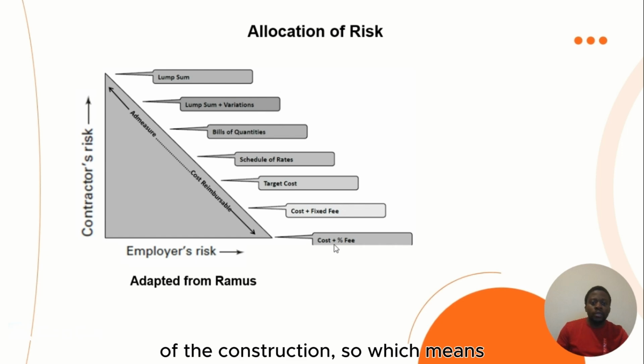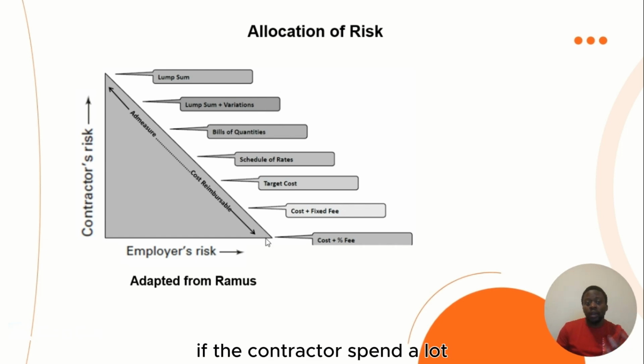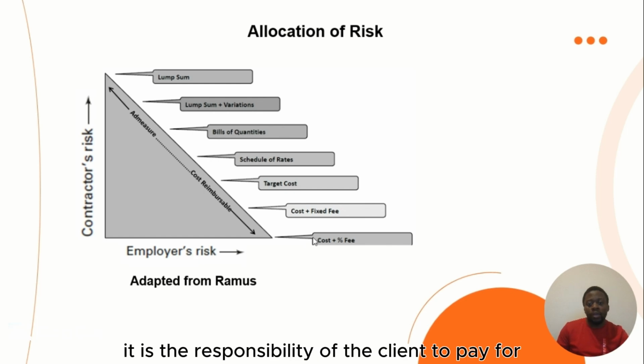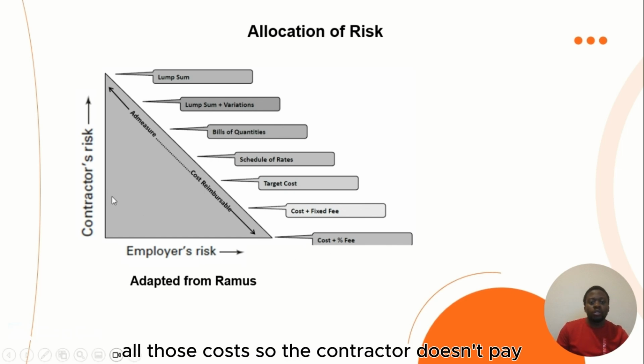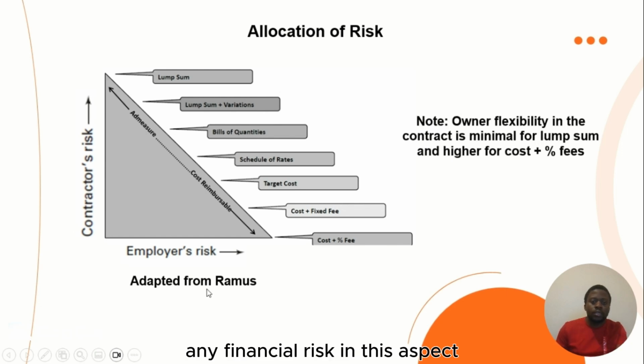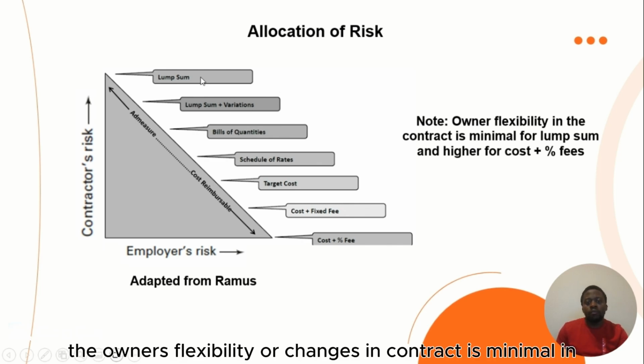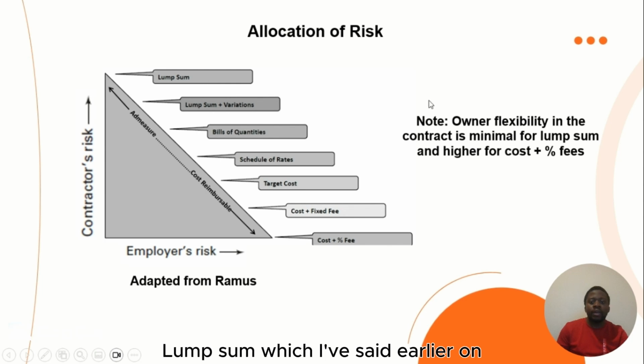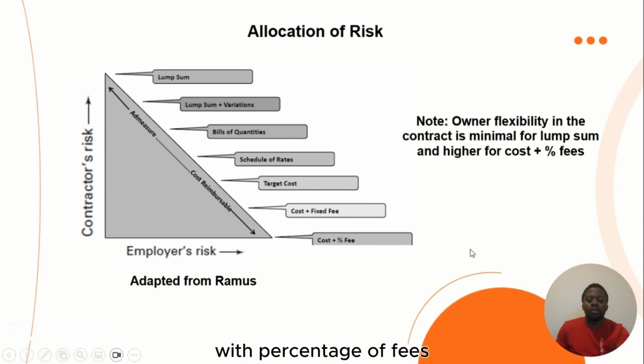Which means if the contractor spends a lot, it is the responsibility of the client to pay for all those costs. The contractor doesn't bear any financial risk in this aspect. And we can see here that the owner's flexibility in contract is minimal in lump sum, which I've said earlier on, and it is very high in cost plus with percentage fee.